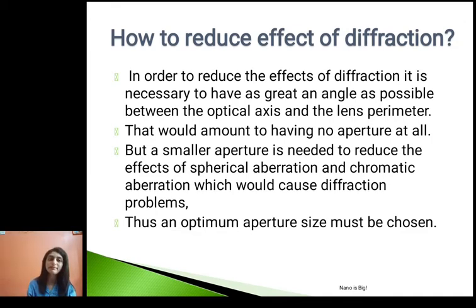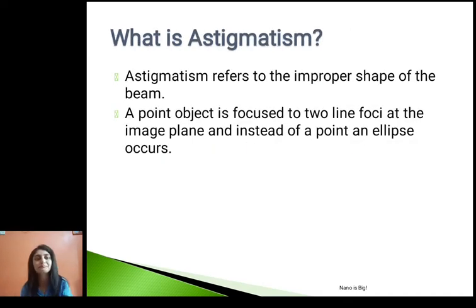A smaller aperture is needed to reduce the effect of spherical aberration and chromatic aberration, but it would cause diffraction problems. Thus, an optimum aperture size must be chosen, so that you can reduce spherical aberration, but at the same time aperture diffraction is not increased to a larger extent.